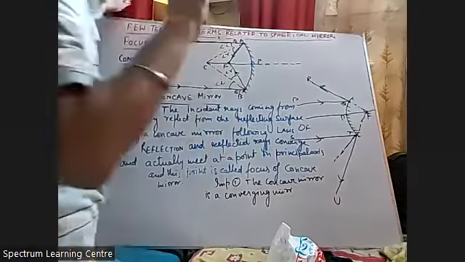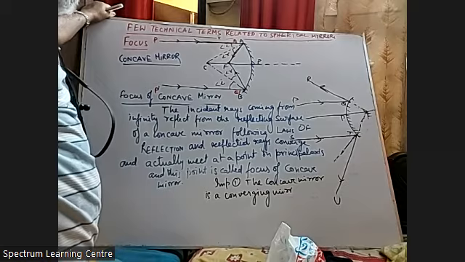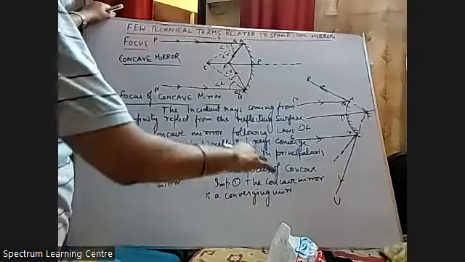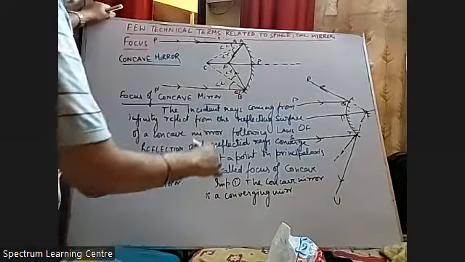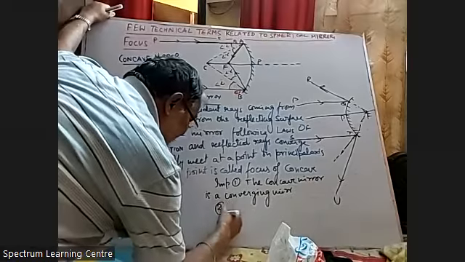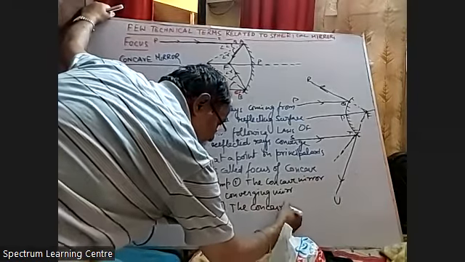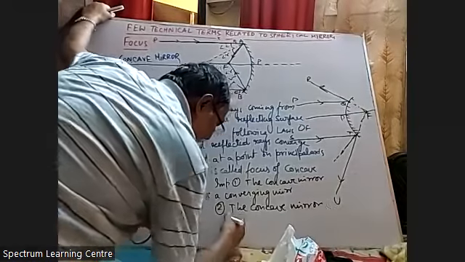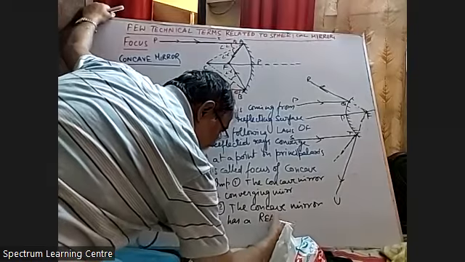Clear? So the image which will be formed will be virtual. Correct. That is a later part of the story. First of all, since this is meeting actually at the focus, the concave mirror, these are not given in the book, the concave mirror has a real focus.